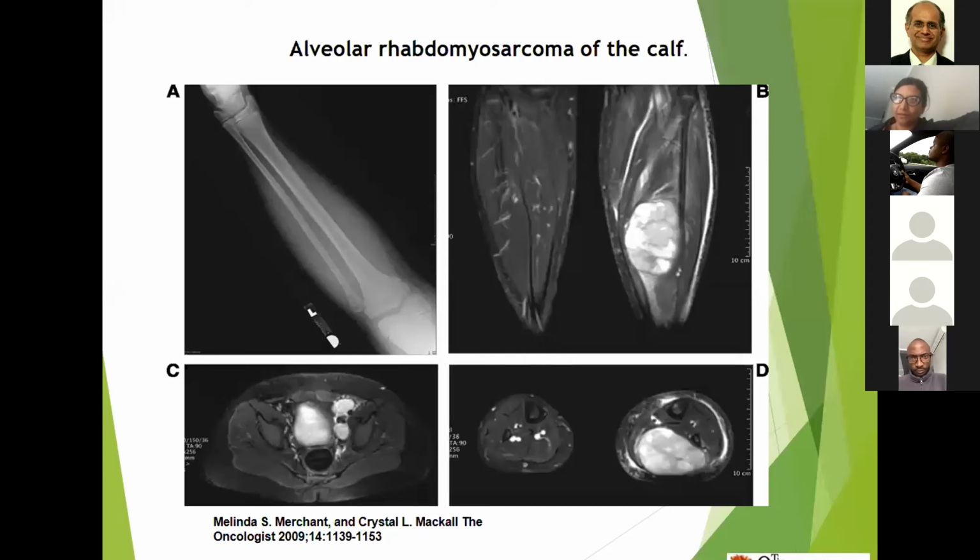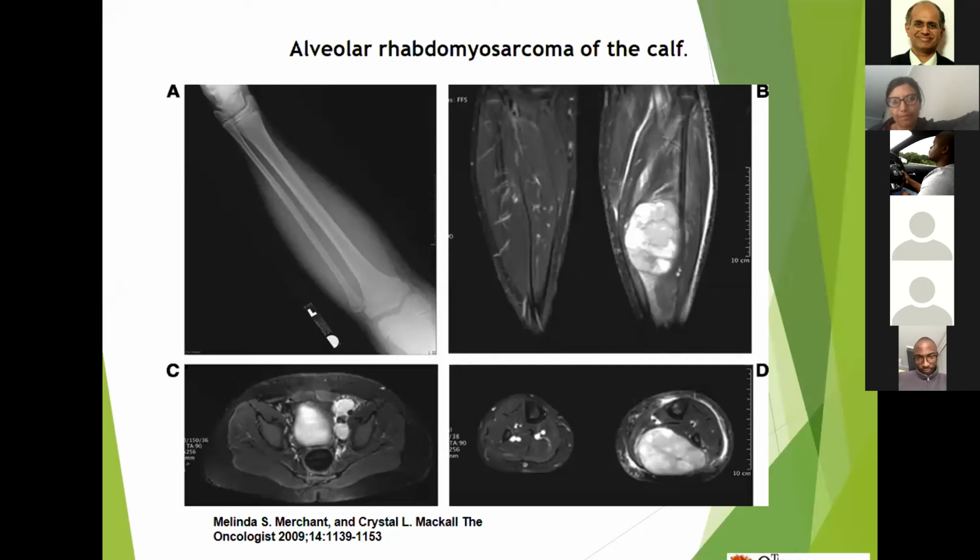Okay, so this shows us an alveolar rhabdomyosarcoma of the calf. You can see on frame A that there is soft tissue swelling, but you can't really appreciate whether there is a mass there on just a plain X-ray.